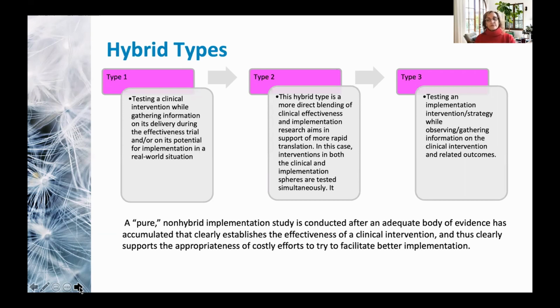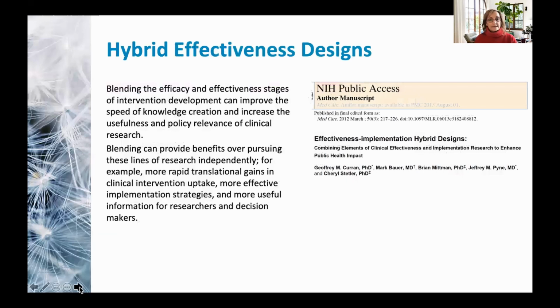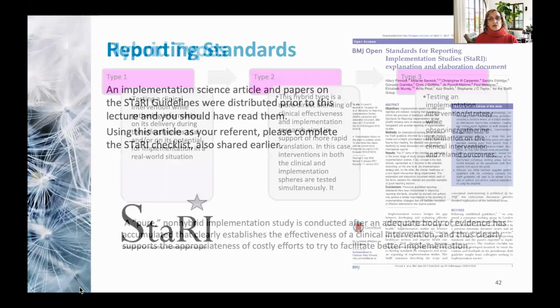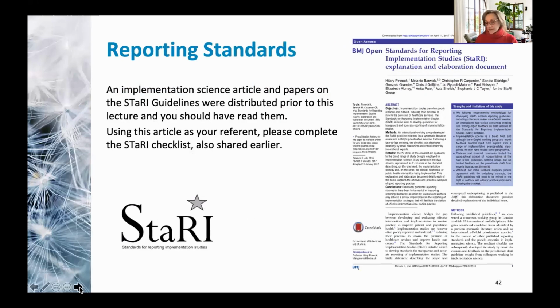And then you move through to type 3, where you might have an intervention that has tons of clinical data about its effectiveness. It's not even a question anymore. This intervention works. But what you really want to know is how to improve the implementation of that intervention in different contexts. And type 2 is more balanced. So that's the notion of hybrid designs to look at as you do some of this work.